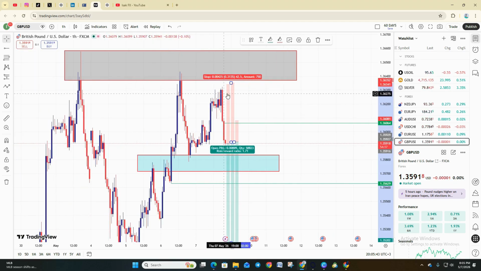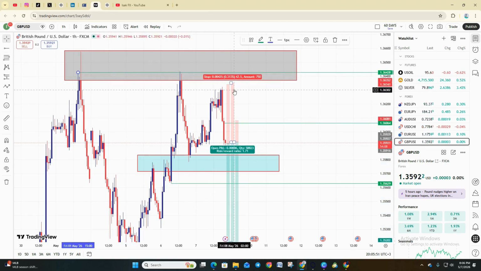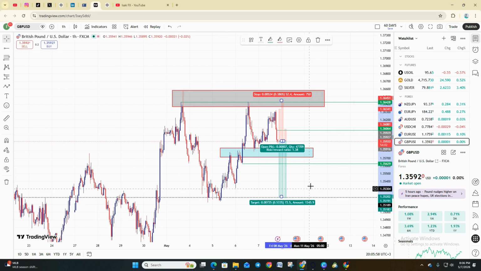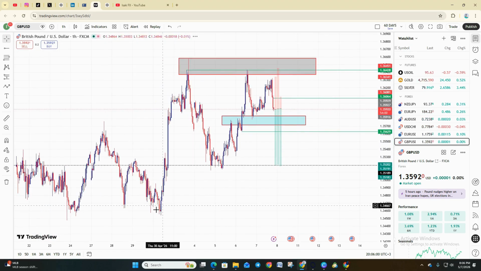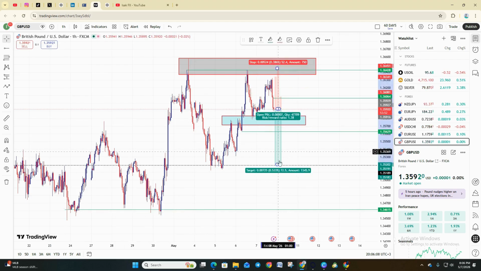But this time let's bring my stop loss a bit higher than this swing high. Which one? This swing high. So I'll put my stop loss just above this point, and I will target these previous areas of liquidity, which is this one.